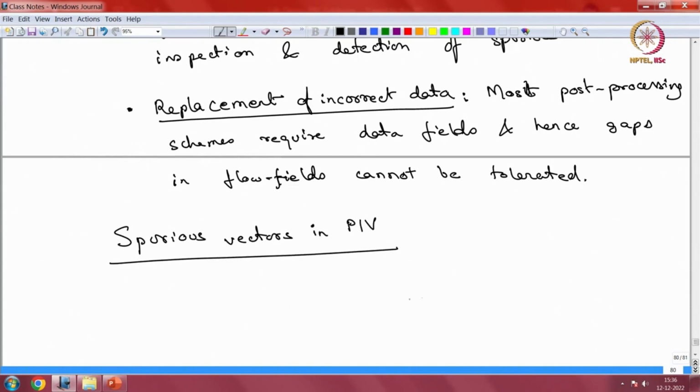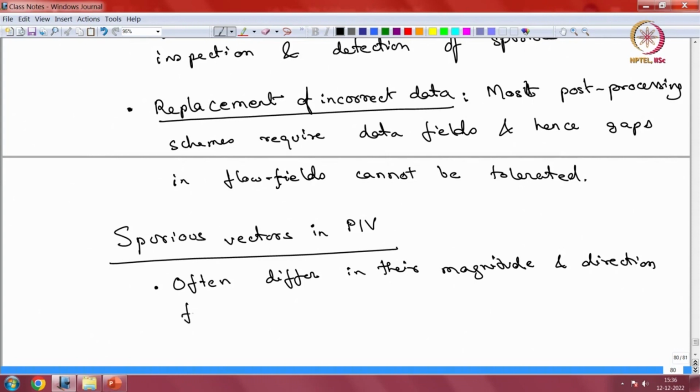Now spurious vectors are basically incorrect vectors, and they often differ in their magnitude and direction from the surrounding neighbors. And we'll give you an example.